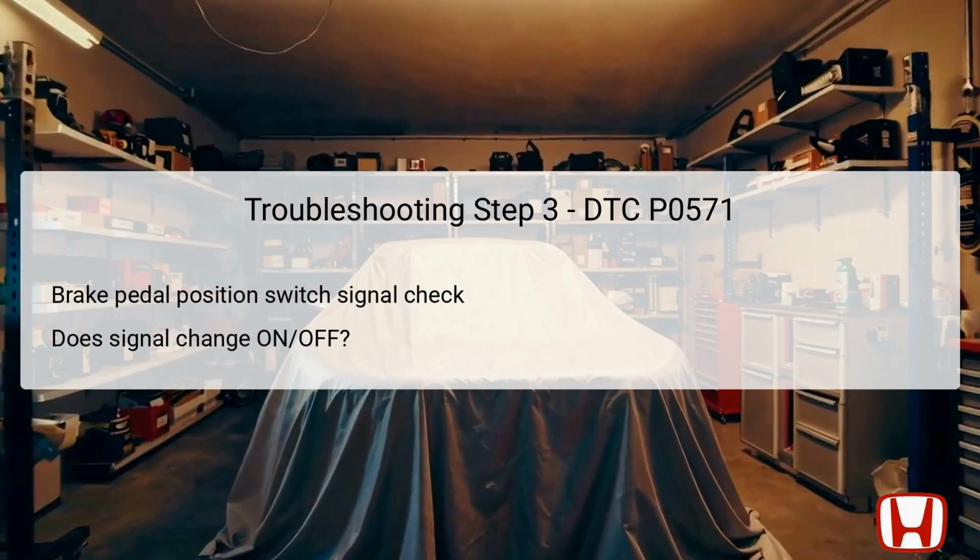The third troubleshooting step involves checking the brake pedal position switch signal. To perform this test, the vehicle must be switched to on mode, while the HDS, or Honda Diagnostic System, is used to monitor the parameters. You should look for a change in signal from on to off when the brake pedal is pressed and released.